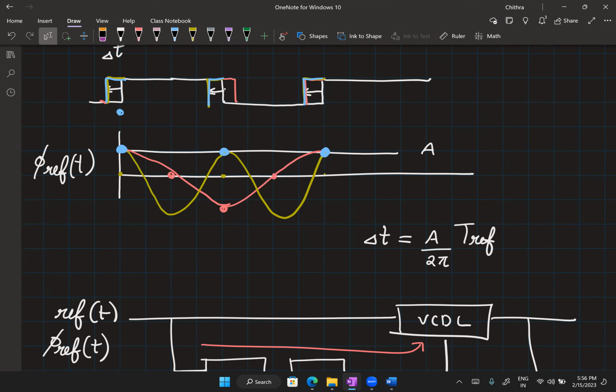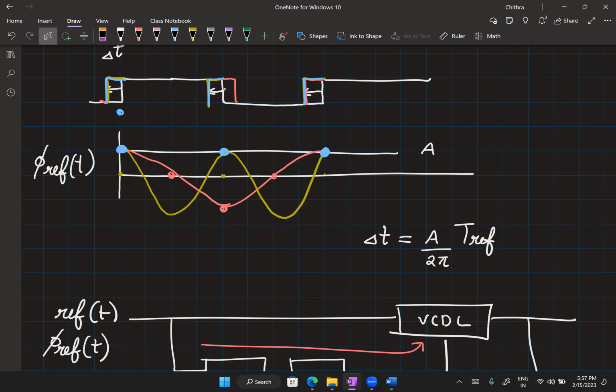Does this bring back some memories about a theorem that you have learned? Why? Right. So if you have a signal and you are sampling it, what is the rate at which you have to sample the signal to capture all the information? Twice the maximum frequency in that, right?